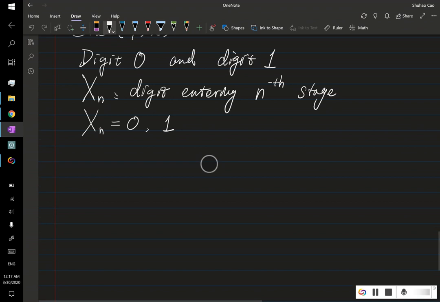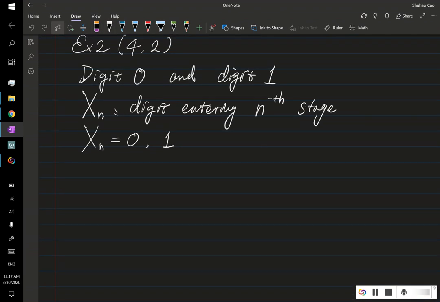And it says that upon leaving a stage, there is a probability p that the digit entered will be unchanged when it leaves. Which means it has 1 minus p probability to change to the other state when it leaves.